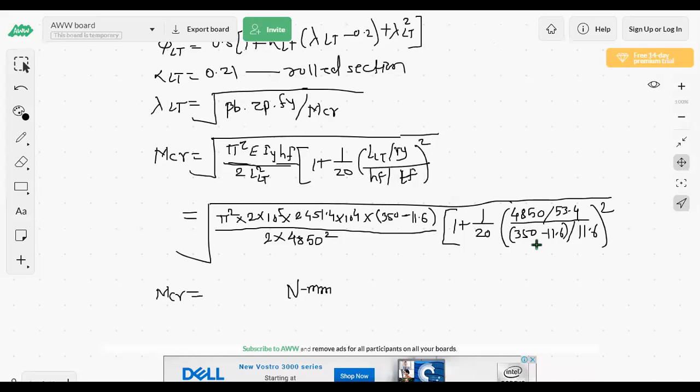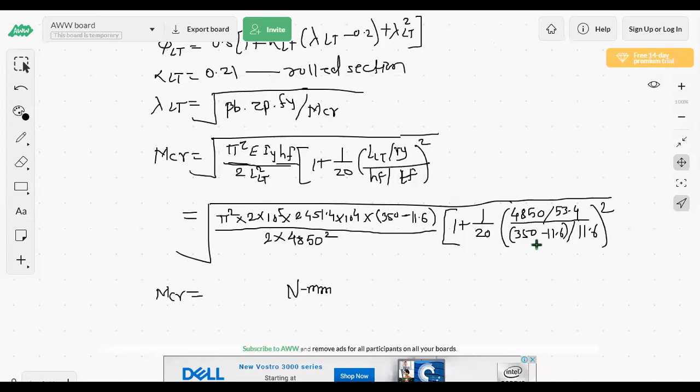One more. Shraddha has given 5.89 into 10 raised to 3. Sonali 20.505 and Vaishnavi 22.72. One more person can give me an answer.